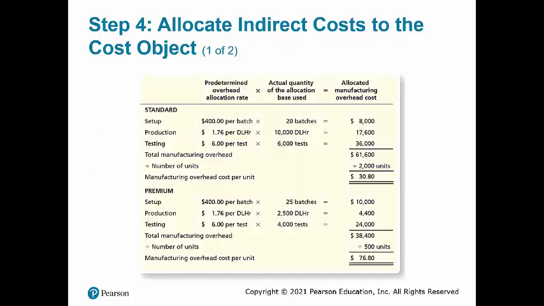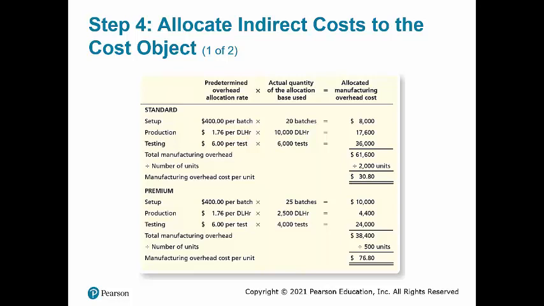The next step is to allocate those manufacturing overhead costs to each of the tablet computers, the standard tablets and the premium tablets. We have 3 activities: setup, production, and testing. We take the actual quantity of the allocation base and multiply it by the predetermined overhead allocation rate, and that gives us the total allocated manufacturing overhead costs for each activity for each tablet.